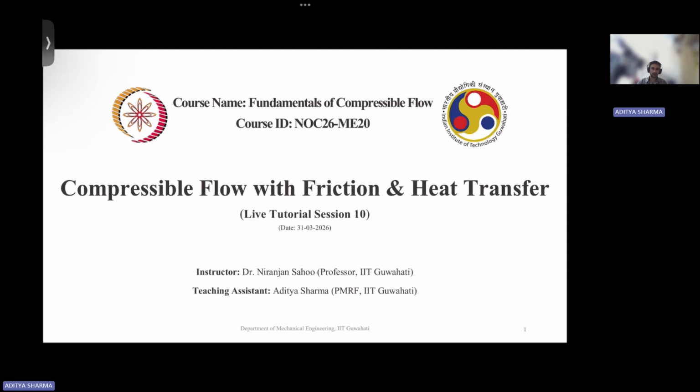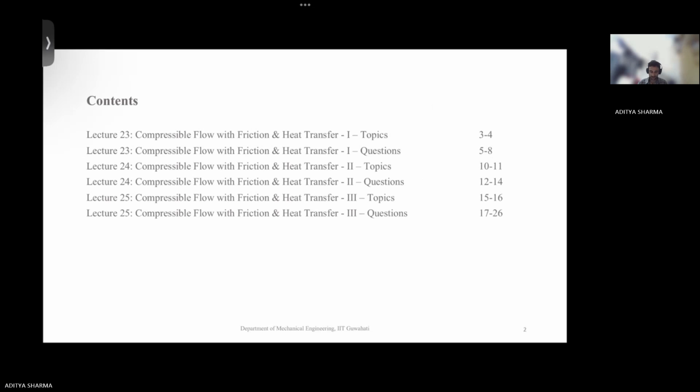Okay, so we can start with the session. Compressible flow with friction and heat transfer. In total, there are three lectures in this week's content: lecture number 23, lecture number 24, and lecture number 25. In lecture 23, you have heat addition in compressible flow. Then in lecture 24, you have the effect of friction on compressible flows.